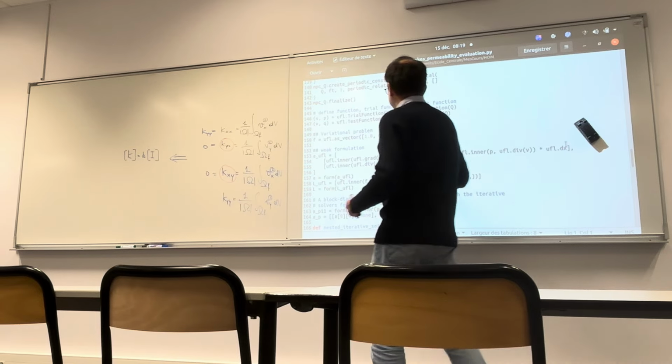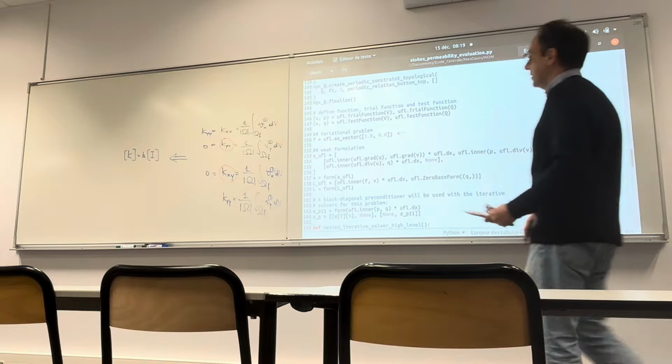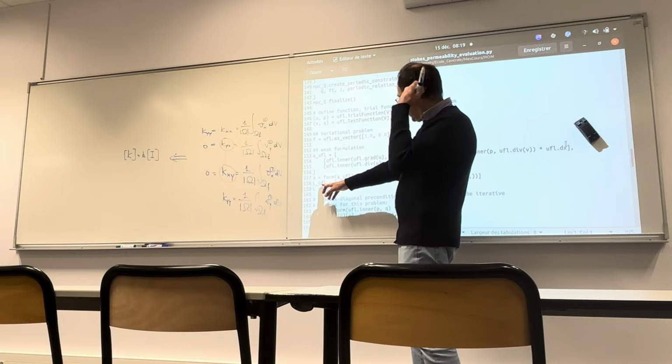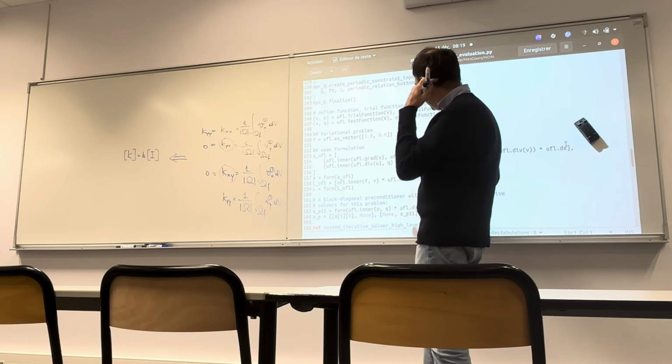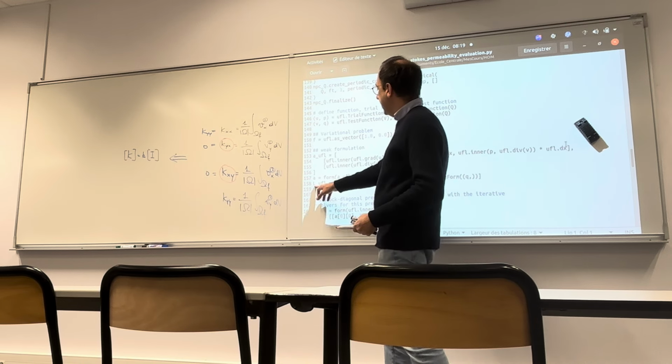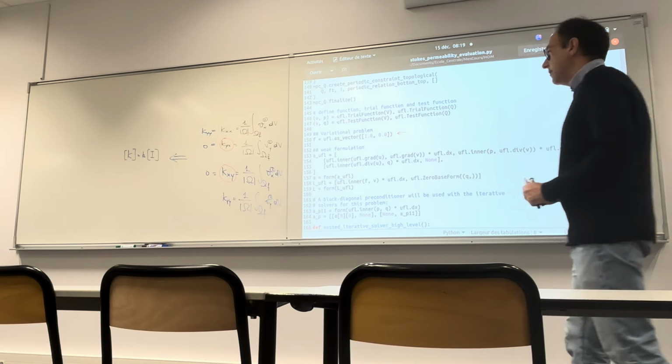This is the force vector, which is 1, 0. You see that in the weak form we have the bilinear form, which has been stated here, that we discussed last time, and the linear form, which is the f times the velocity.